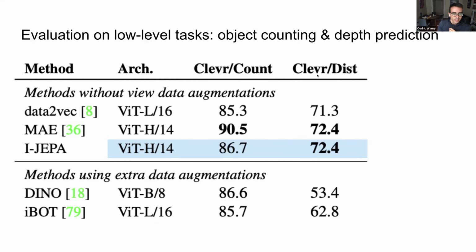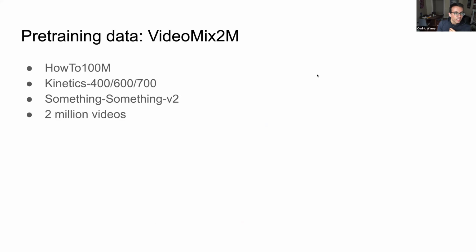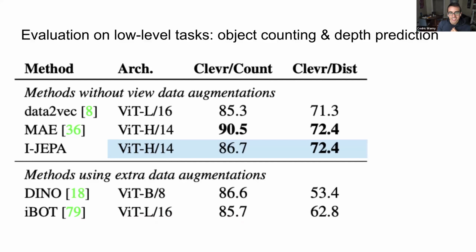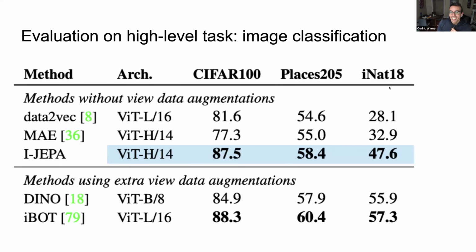Places, it's scene classification, and iNaturalist is fine-grain recognition, or whatever that means, I forgot. And it's becoming competitive with some of the state-of-the-art methods that use handcrafted data augmentation.